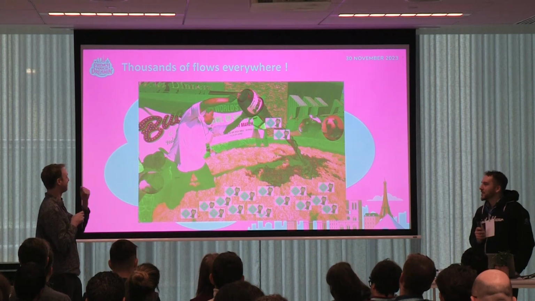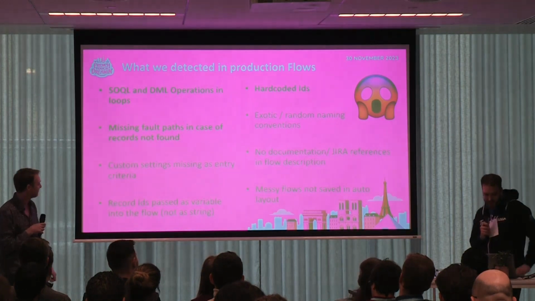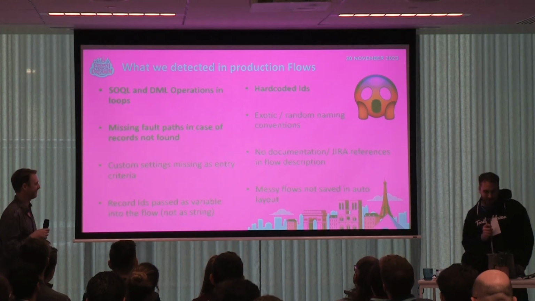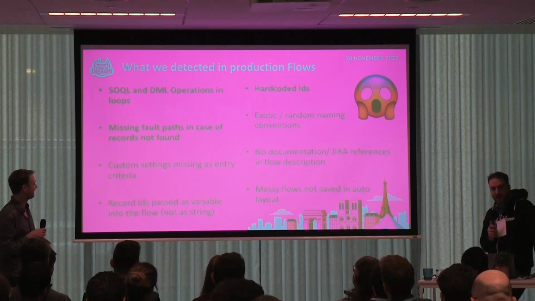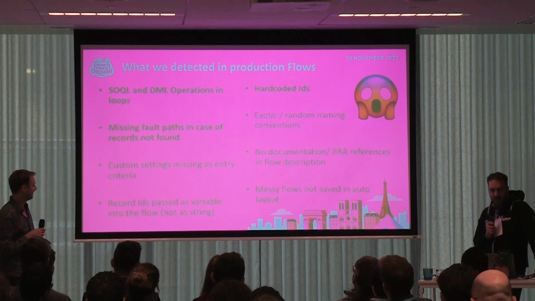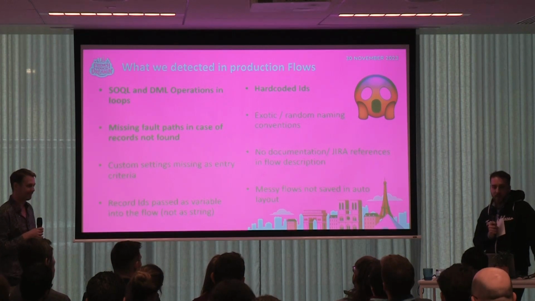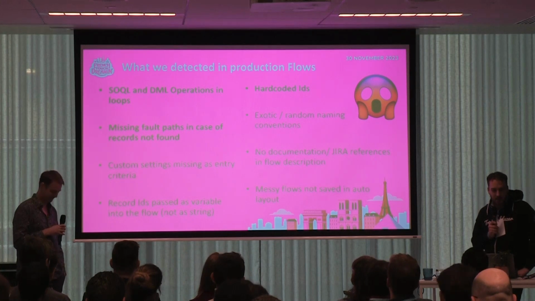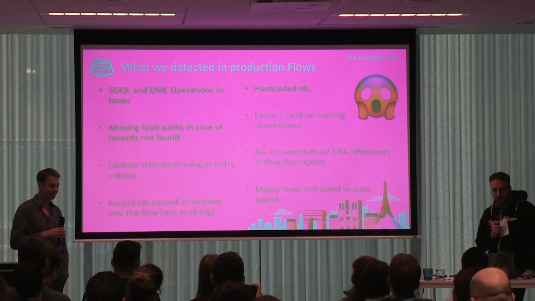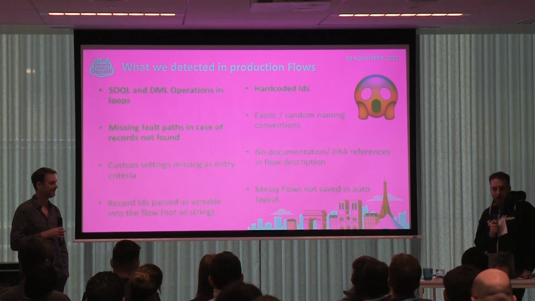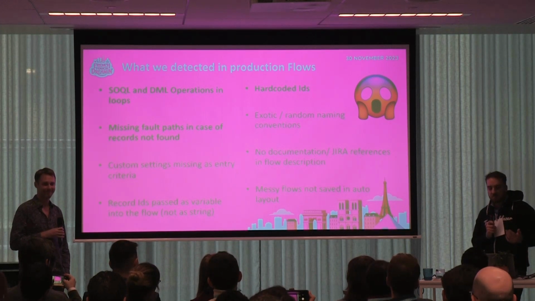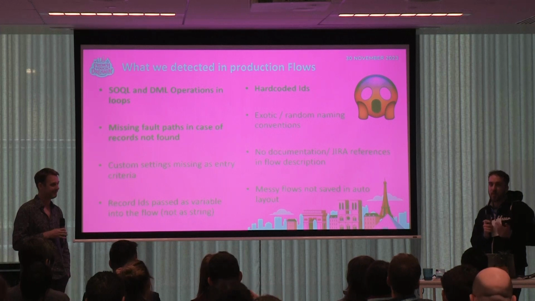But what could we do? We need to do some pull request feedback, or have somebody in place to challenge all these things. I saw many times hard-coded IDs, SOQL or DML operations in loops, missing fault paths. I think you know all that stuff. Some of them are more critical and some are just best practices, but not really blockers.